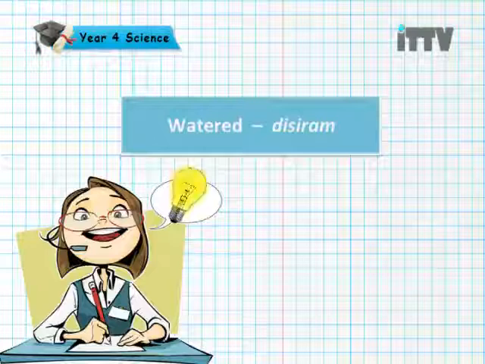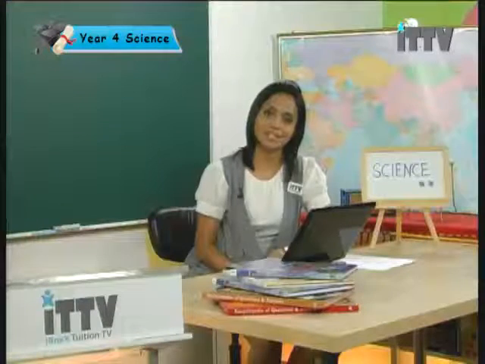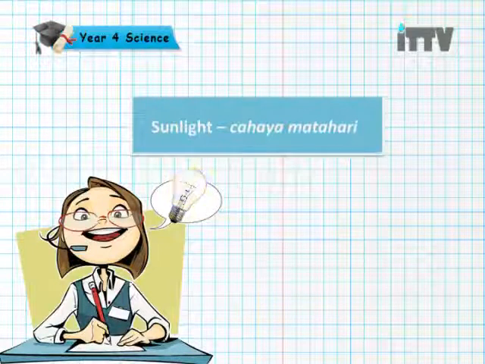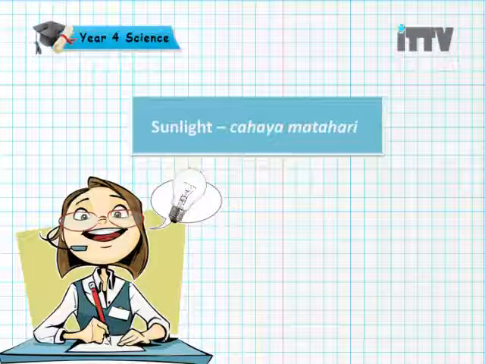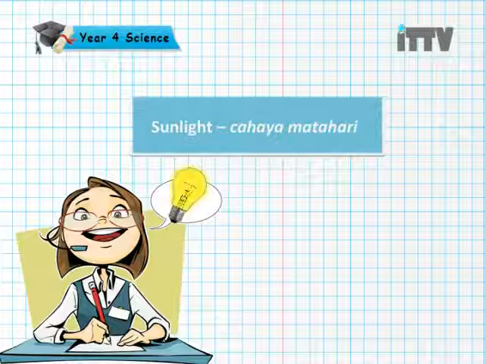Water. You always water the plants. Water is needed by the plants as it is one of the basic needs of plants. Next, sunlight. Sunlight is cahaya matahari. Well, our earth needs sunlight for the plants to grow fresh.